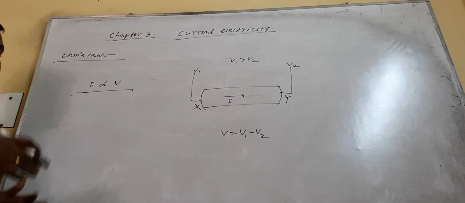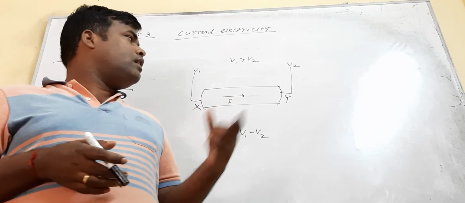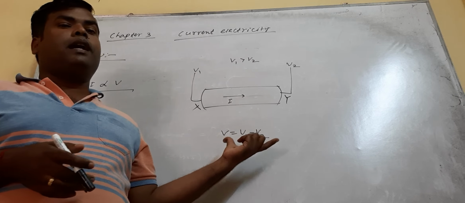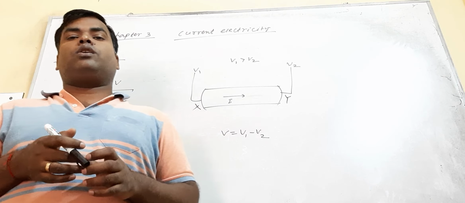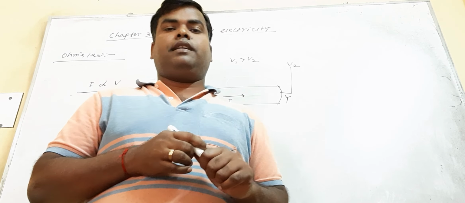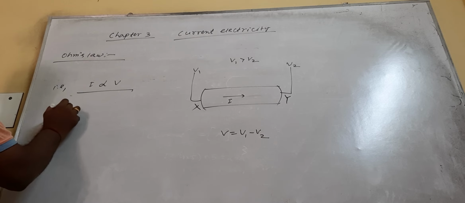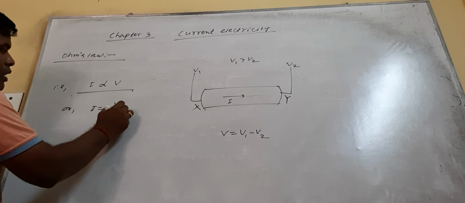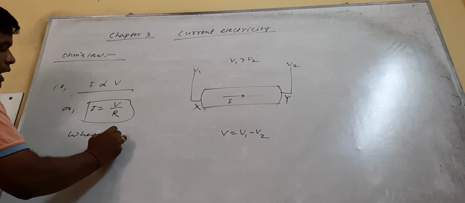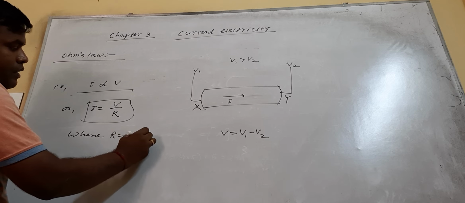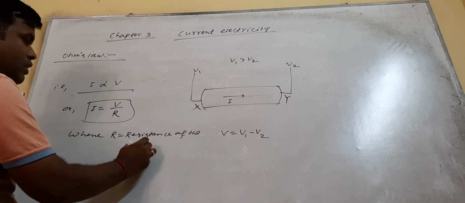So you remember Ohm's law: current flowing through a conductor is directly proportional to the potential difference applied across the two ends, provided temperature and other physical conditions remain the same. That is I proportional to V, or I is equal to V by R, where R is the resistance of the conductor.